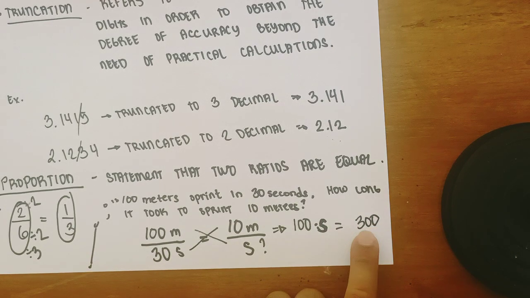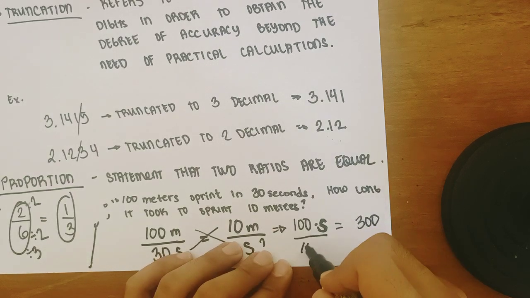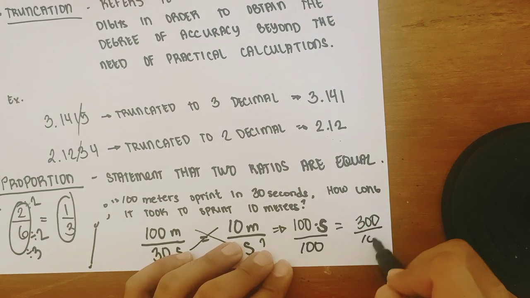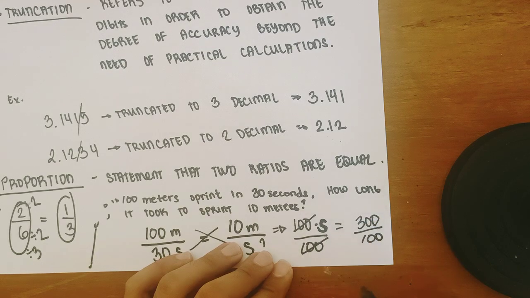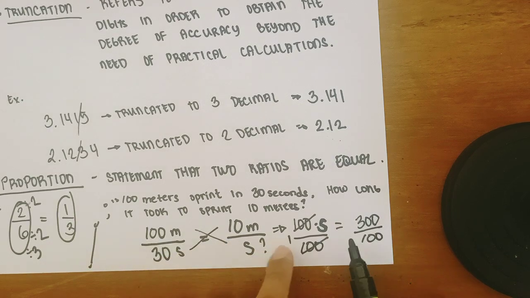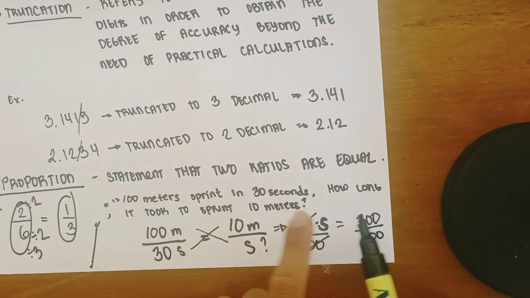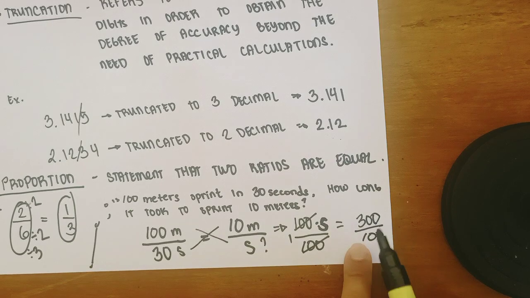To solve this, what we do is divide both sides by 100 so we can cancel this. Because 100 divided by 100 is 1. But if we do it on one side, we must also do it on the other side. That's why we divide the other side of the equation by 100.